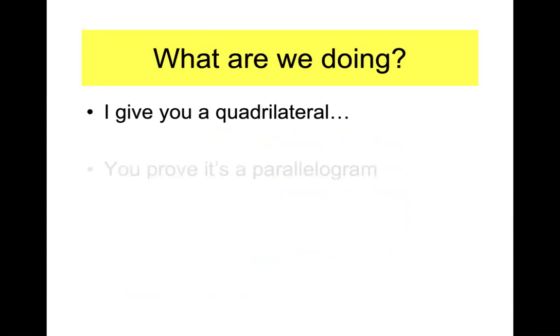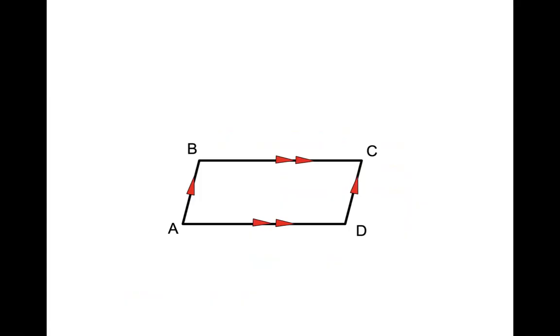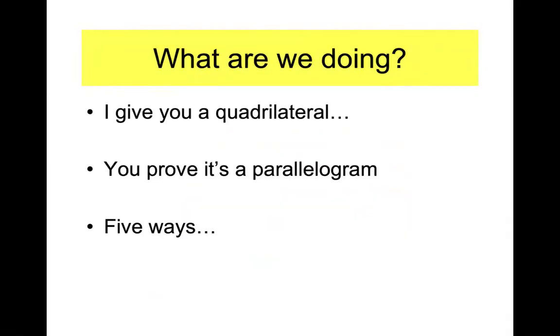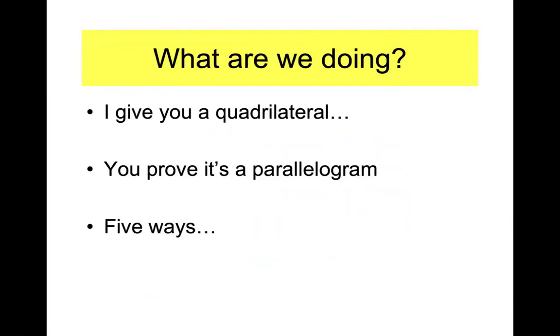So I'm going to hand you the quadrilateral. You're going to prove it's a parallelogram. There are five ways. The first way, if you can show that opposite sides are parallel, it's a parallelogram. All right, so write that down. The first one in your little box, five ways to prove a quadrilateral is a parallelogram: show that opposite sides are parallel.